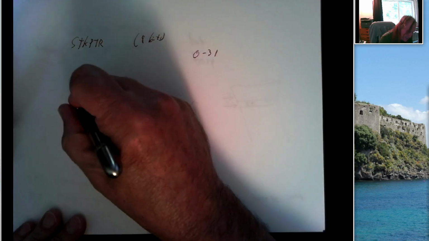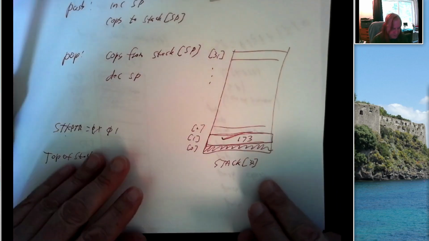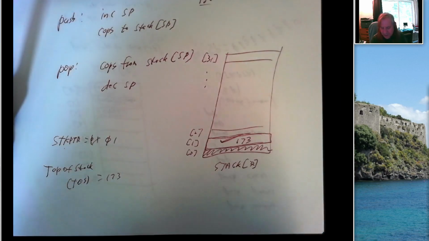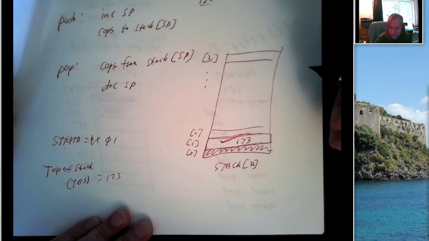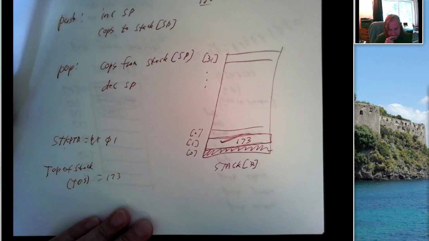And then top of stack shows us the value that's actually stored at the top of the stack. Well, we said our stack in the PIC processor is 32 elements. But we don't store books, we don't store strings, we store numbers.